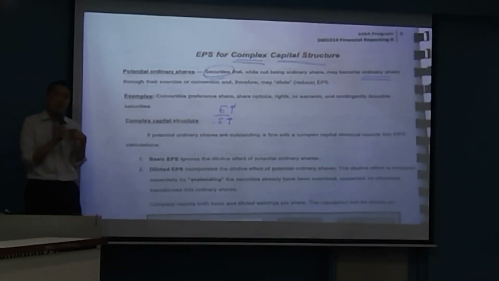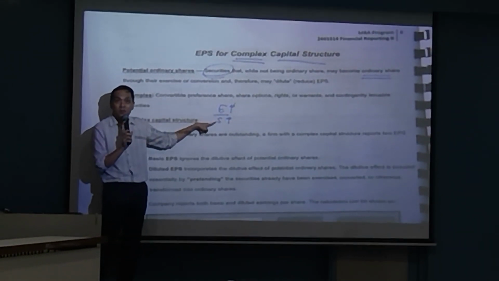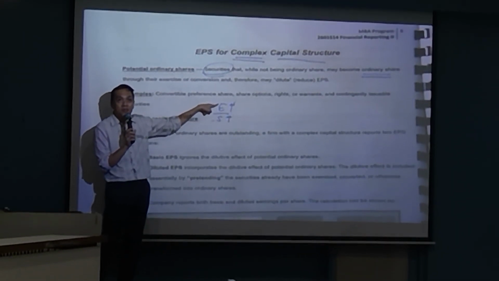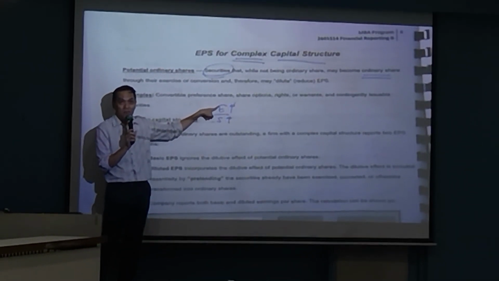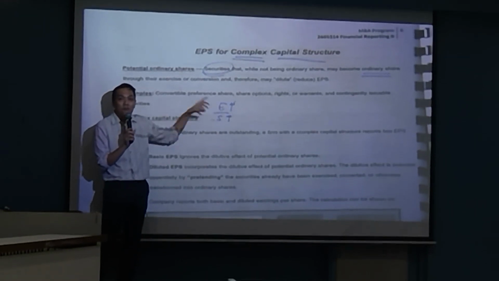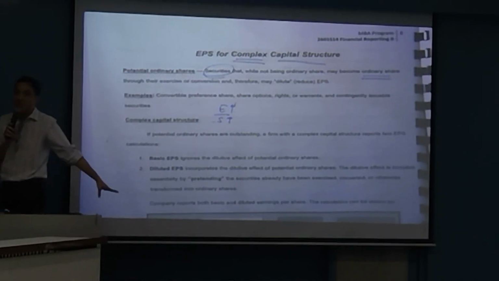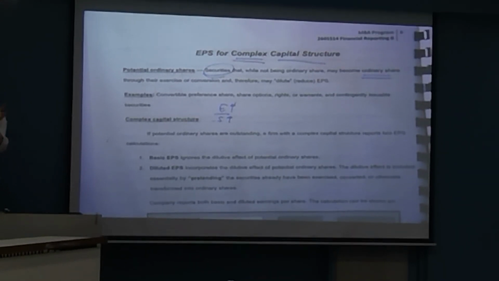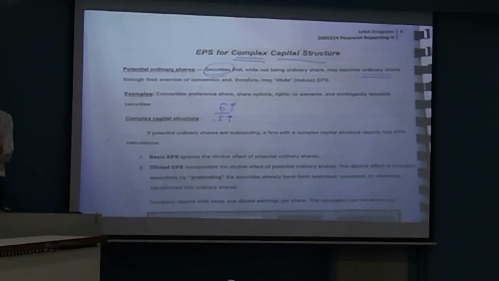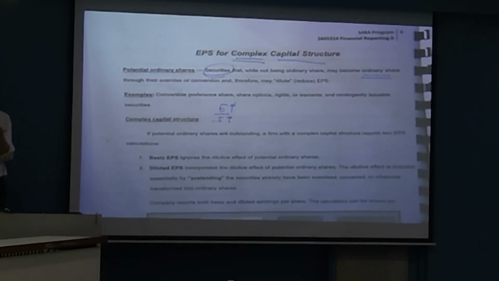So what happened in this case? S goes up. What happened to E? Nothing for options. So when you exercise the option, you're going to have diluted earnings per share. Alright? Just to get to know more to learn in the accounting world. It's just like a preview. That's it.